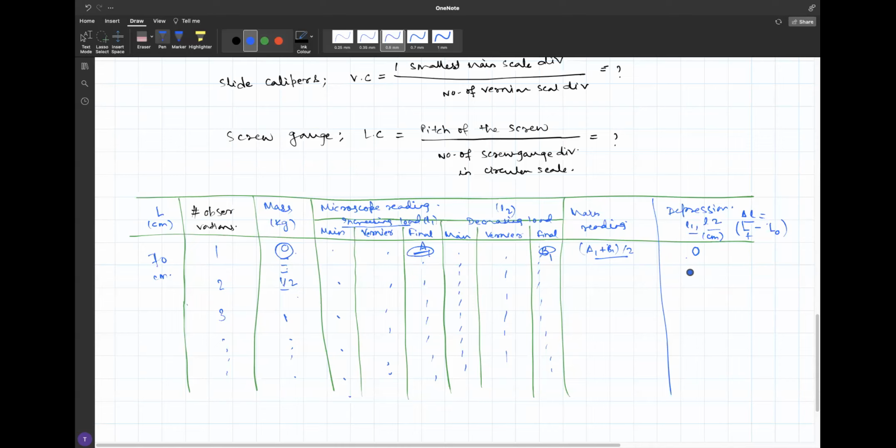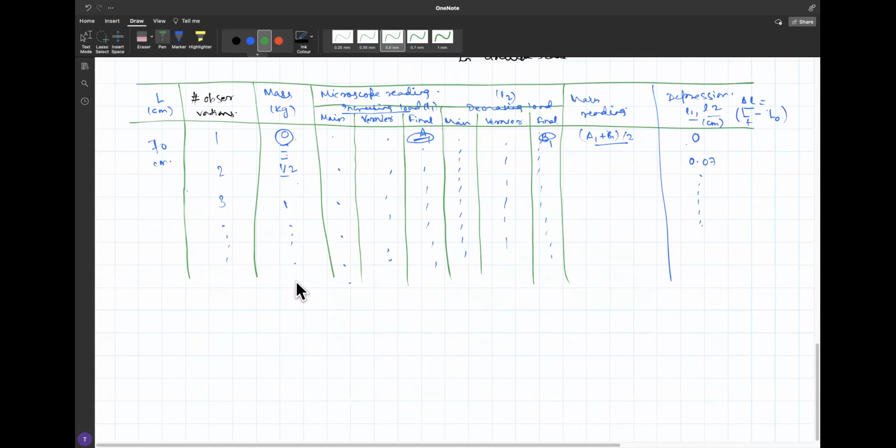I don't know, you have to check what you get, and then you will have some values here. So I'll make a table like this, and I will tell you how to use the microscope and all. And then once I have done that, I'll go back and I will make a plot. So I will plot here depression.